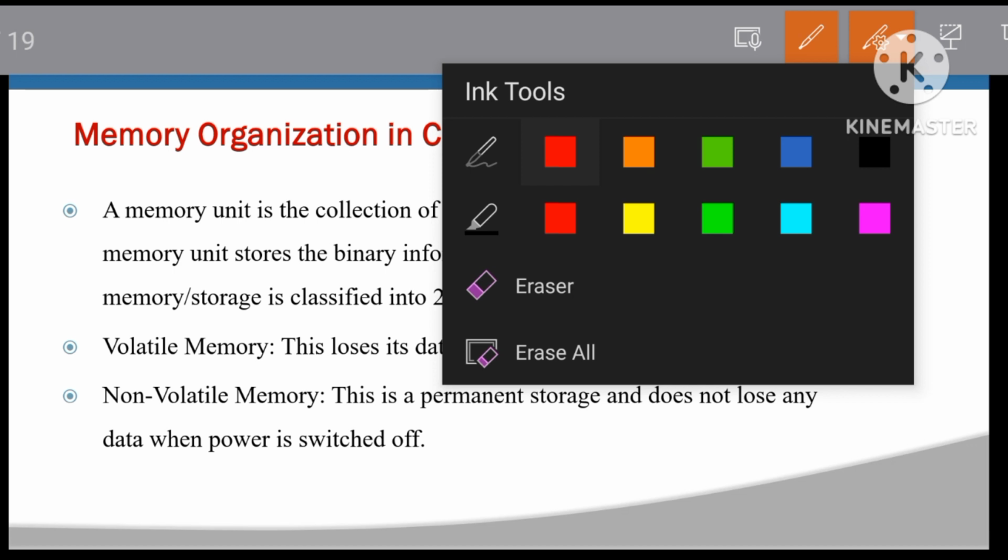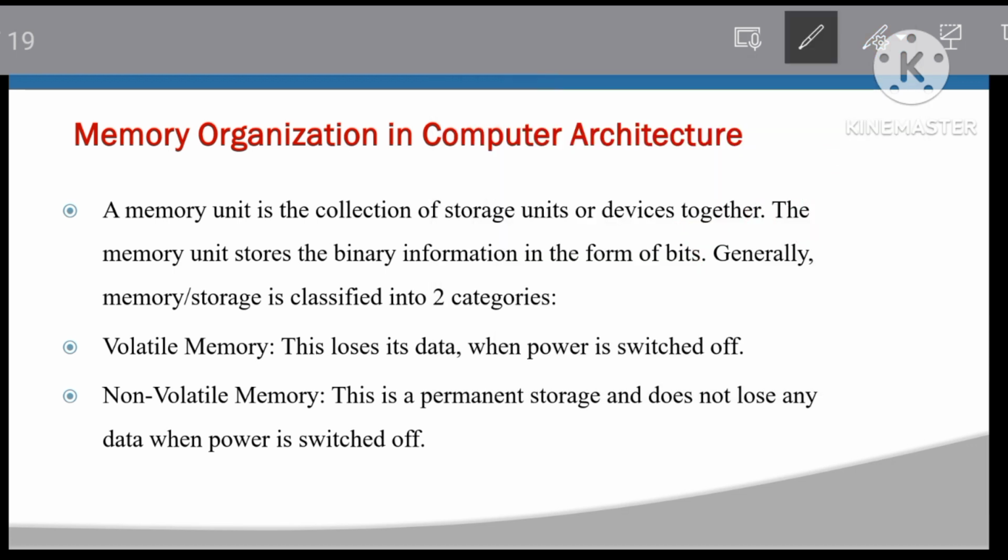So as you got the basic definition of memory, let us discuss what memory organization is in computer architecture. Let me erase the screen. Now, memory organization in computer architecture: a memory unit is a collection of storage units or storage devices combined together. The memory unit stores binary information in the form of bits.